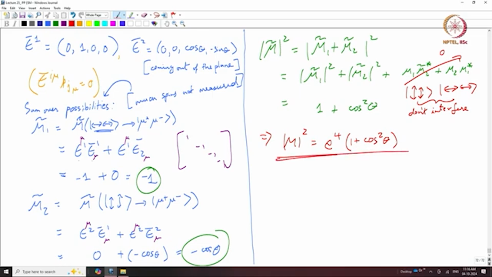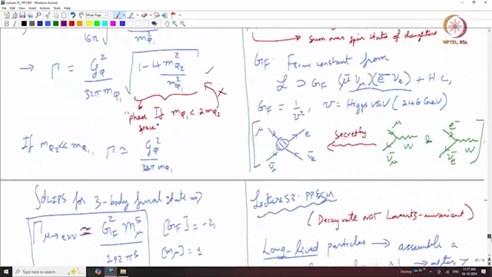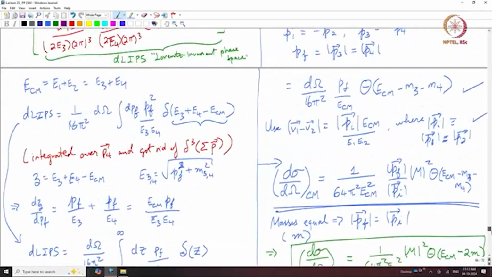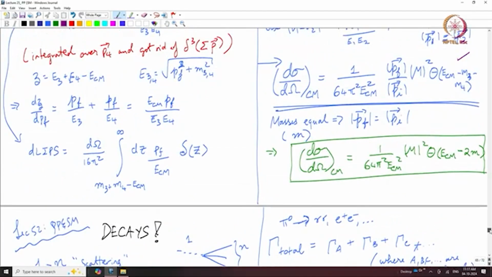This is kind of all we want now. Why? Because we have a general expression for d sigma over d omega in the center of momentum frame, which I'm going to denote with CM. Remember, we had a nice expression for that from all those lectures ago. So here you go, this one. And then we saw that if the masses are equal and all that, it simplified even further.